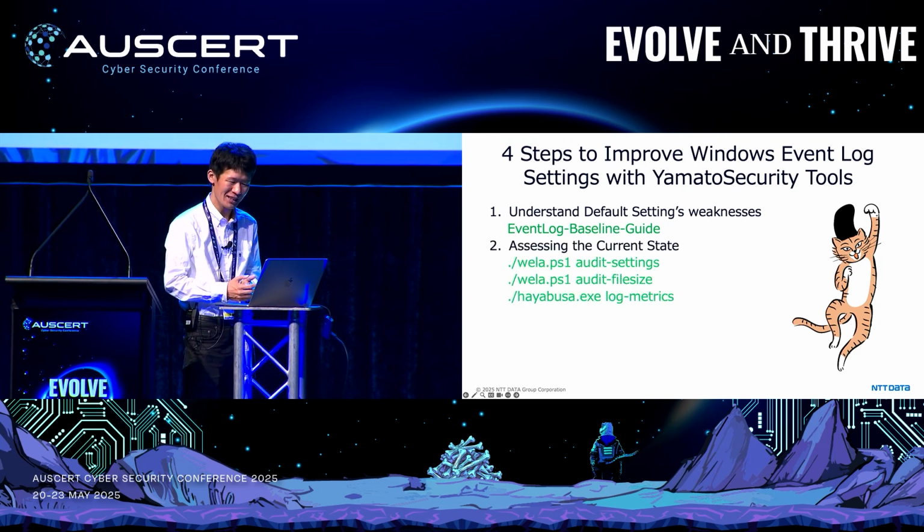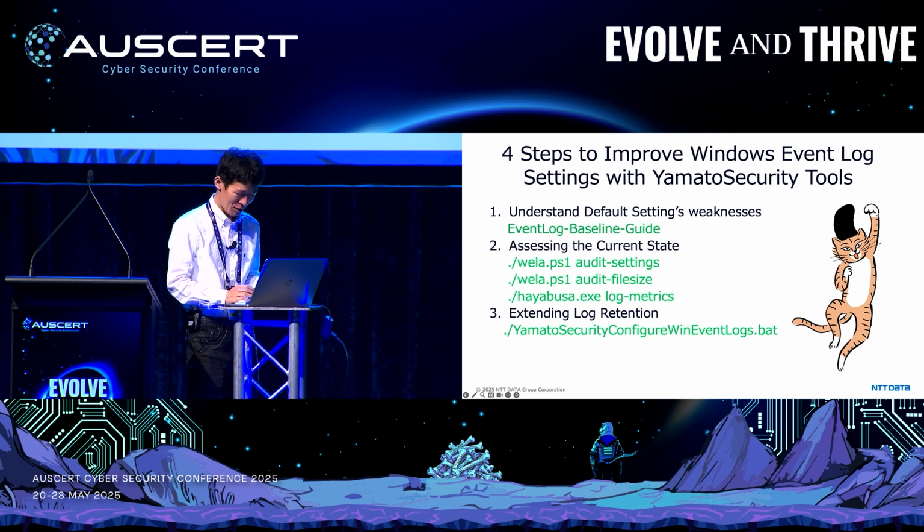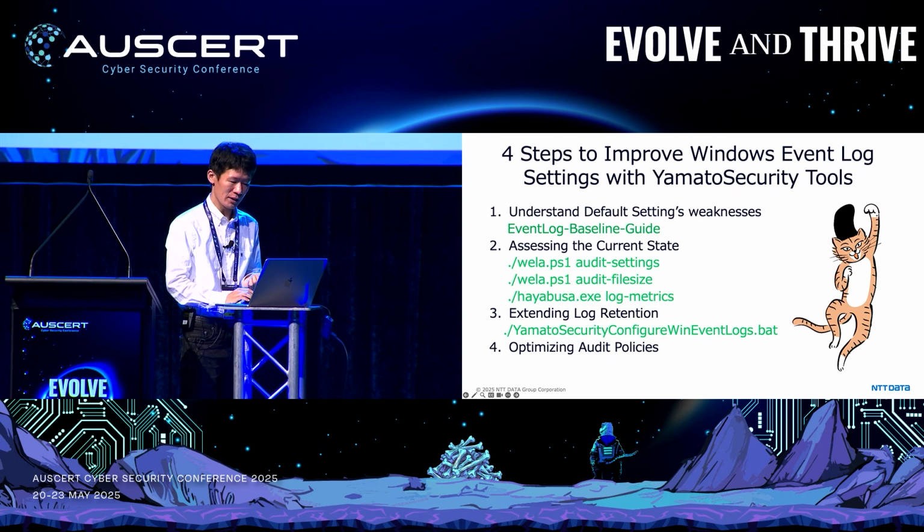The second is assessing the current state using VELA and Hayabusa's log metrics command. The third is extending log rotation using the Yamato Security Configure Win Event Logs batch. And fourth is optimizing audit policy, also using the Win Event Log bat.